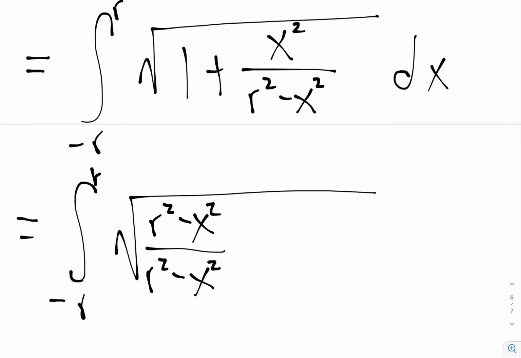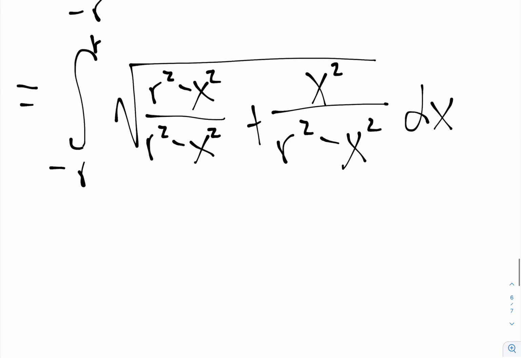If you had 500 over 500, that's going to give you 1. If you had 3 over 3, that's going to give you 1. If you have x over x, that's going to give you 1. So r squared minus x squared over r squared minus x squared, that's also going to give you 1. So we're going to have r squared minus x squared dx.